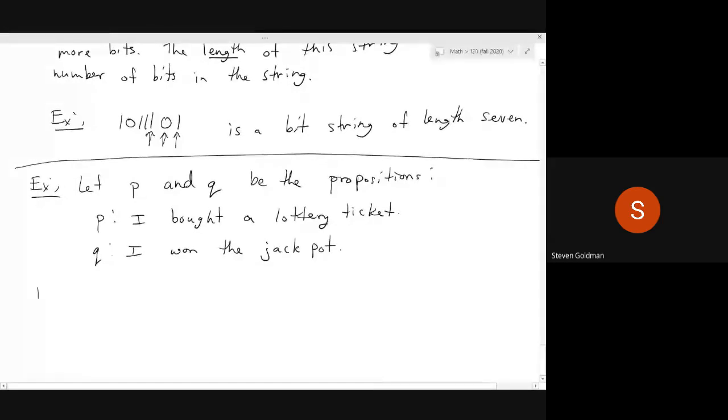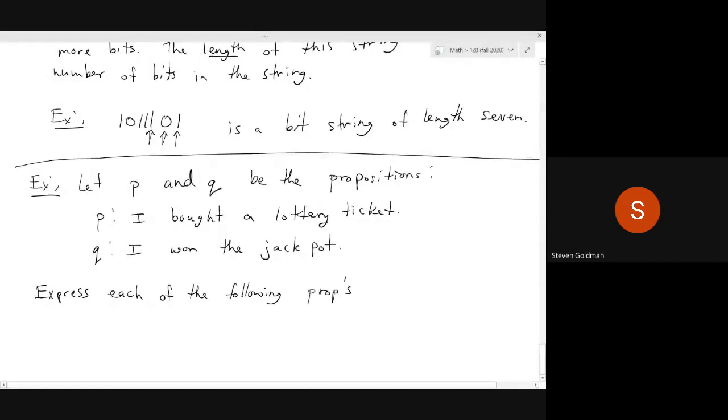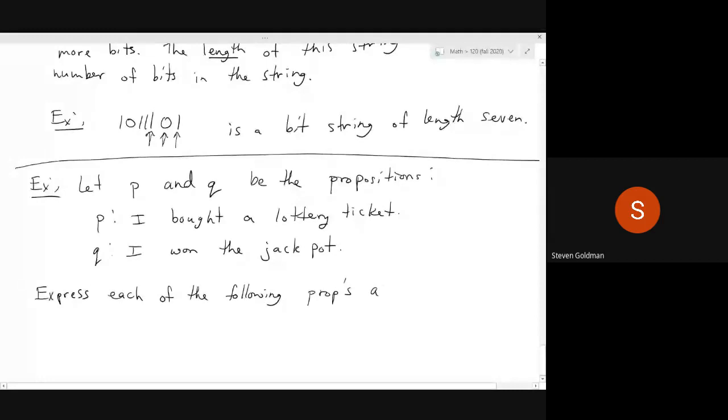Let's express each of the following propositions as an English sentence.